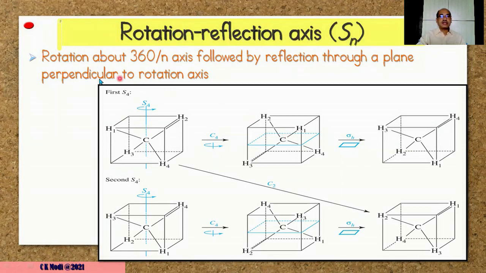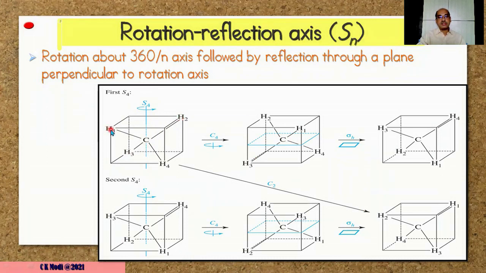Now, rotation reflection axis. Look at this methane molecule CH4. It has cubic symmetry. Carbon is situated at the center, and the 4 hydrogens are situated at the 4 alternate corners.